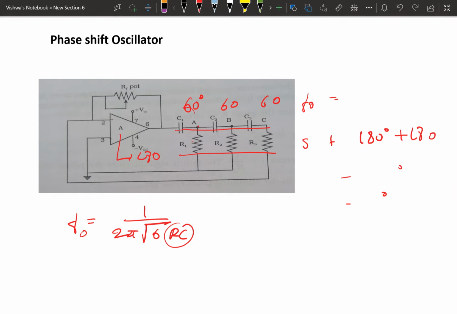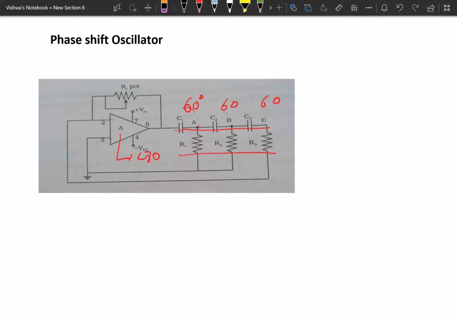There are some conditions to achieve this 0 degree or 360 degree phase shift. That condition is on the gain of the amplifier. The gain of the amplifier must be equal to 29. So how to achieve a gain of 29?